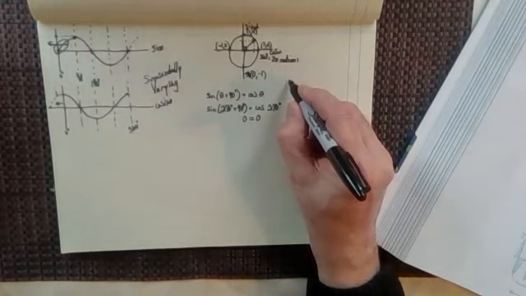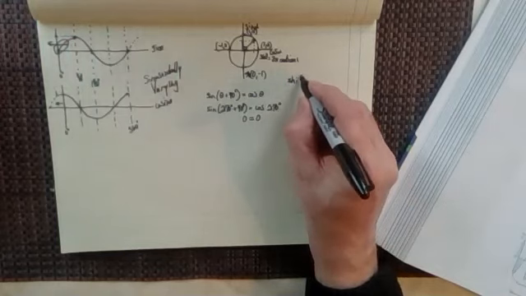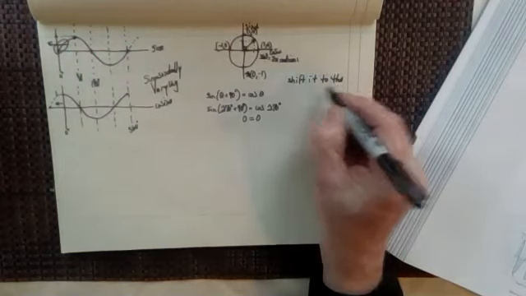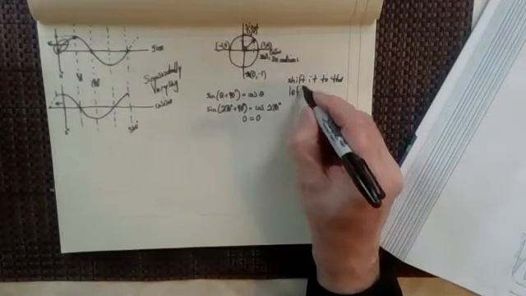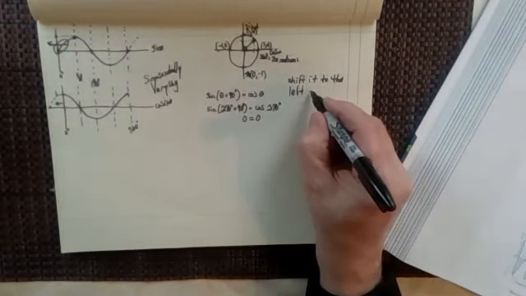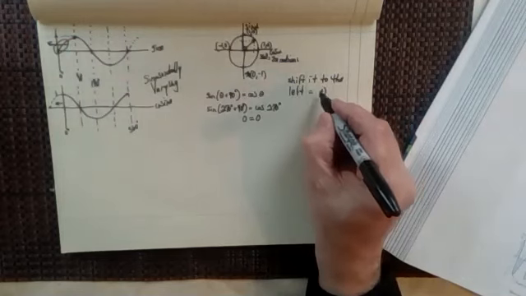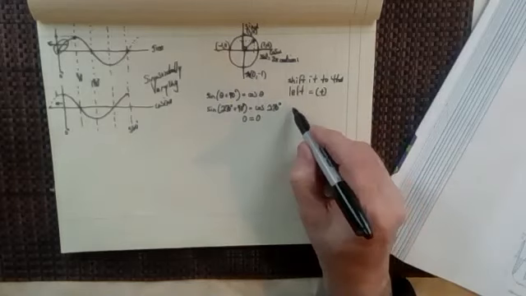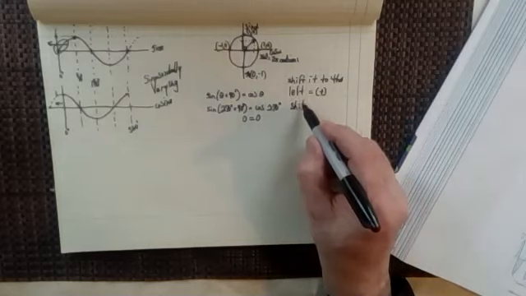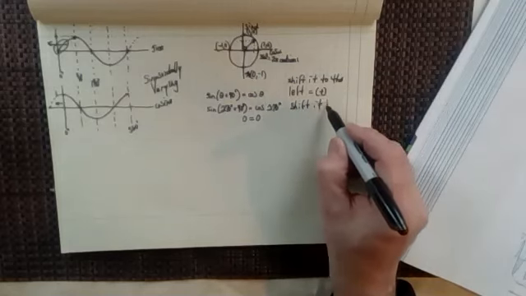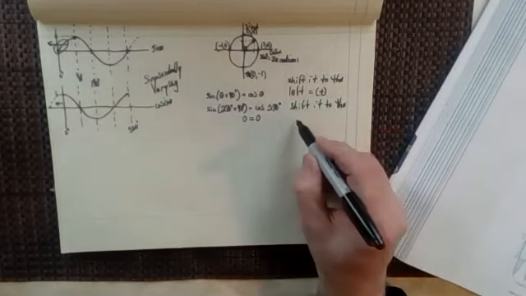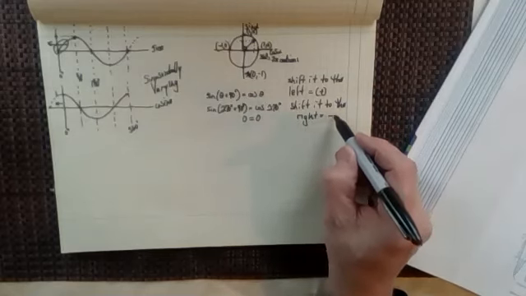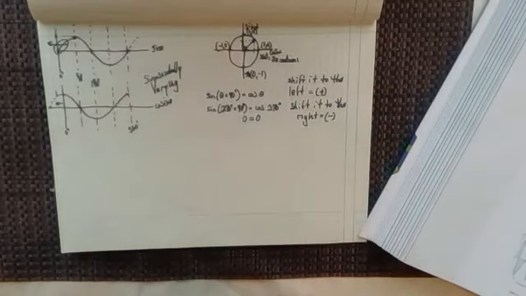So if we take a wave and we shift it to the left, that means you're adding that angle to the wave. If we shift it to the right, that means that you're subtracting that angle from the wave.